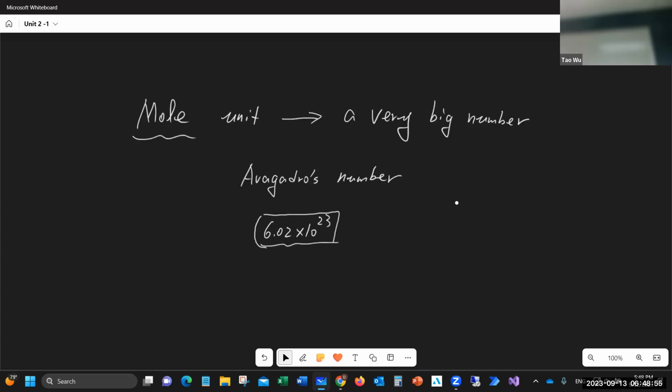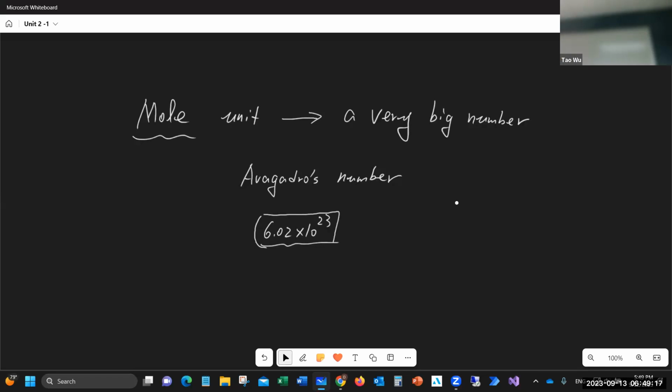Longer than to the sun and back 20 times. So it's from Earth to the sun and back, so it's pretty long. Crazy. Can you imagine how big this number is? It's a really big number.